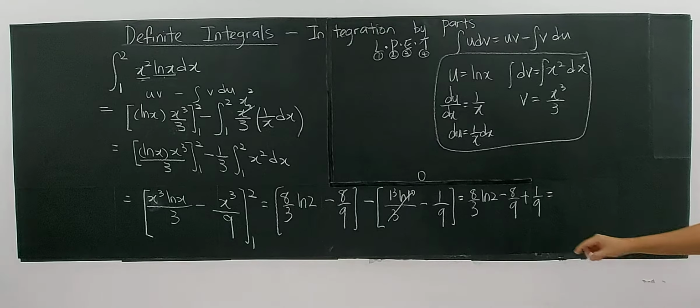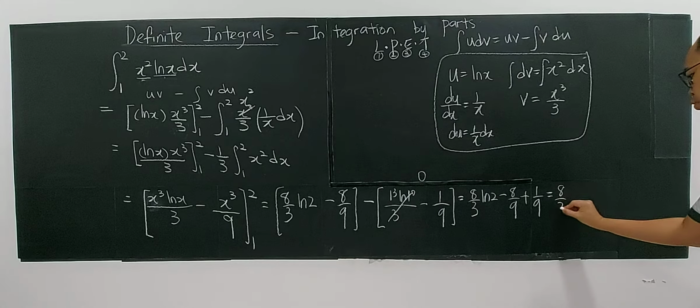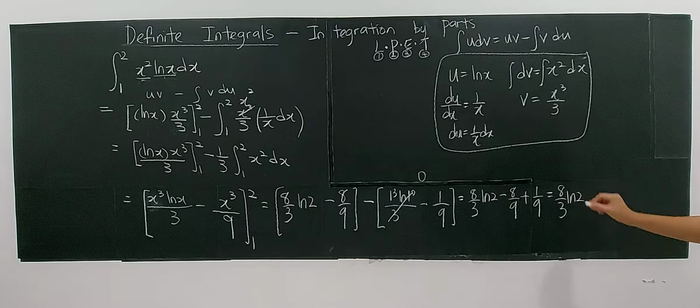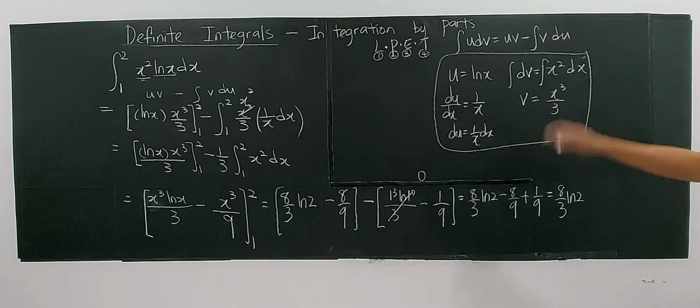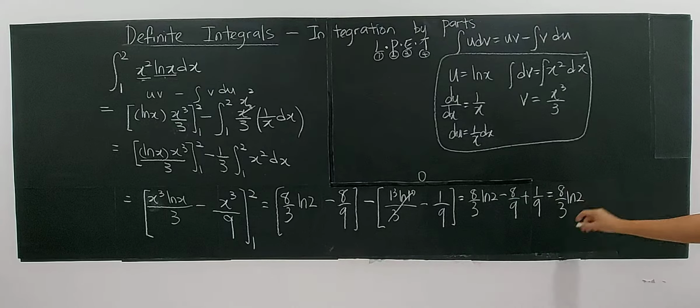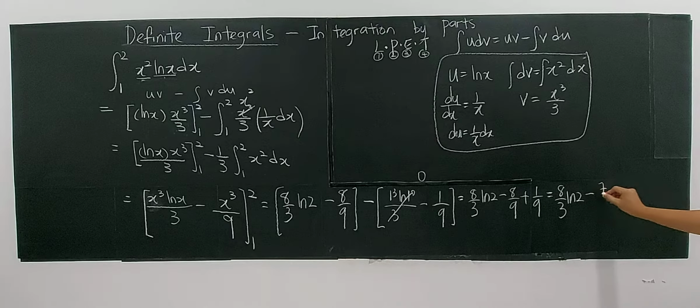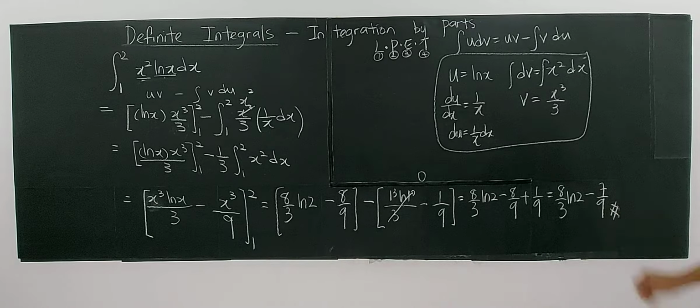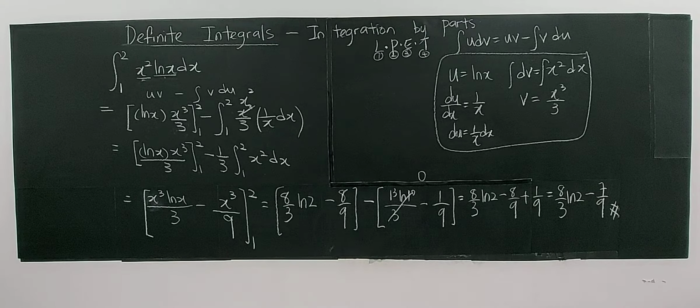So you get 8 over 3 ln 2, minus 8 plus 1, which is negative 7 over 9. This should be your answer for these cases.